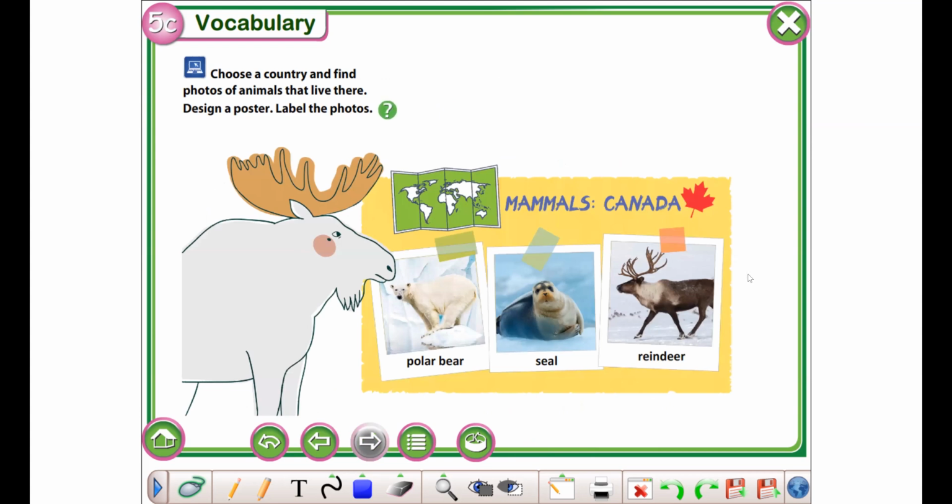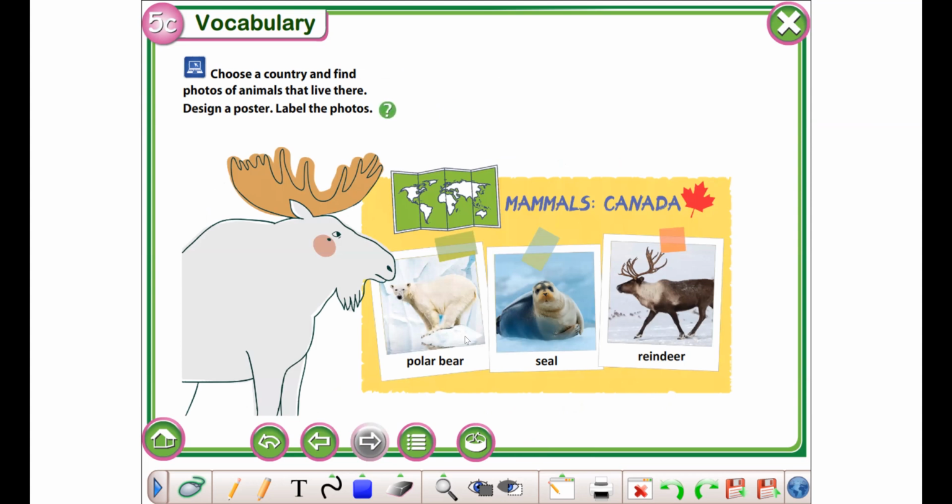Choose a country and find photos of animals that live there. Design a poster, label the photos. Maybe for homework, or we can do it now on your computers, but I advise you to do it for homework.